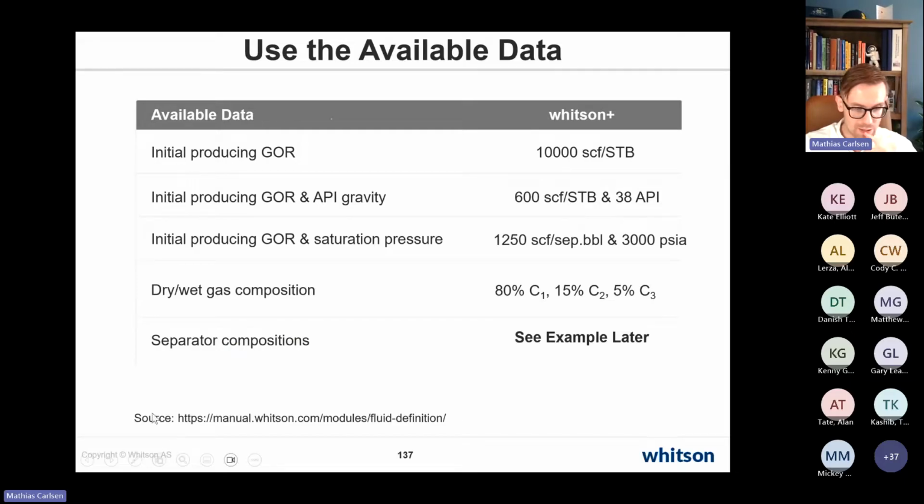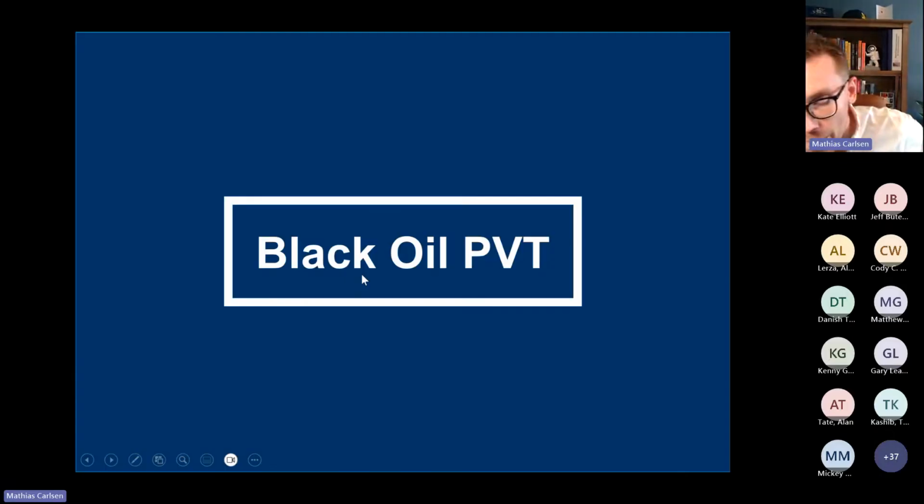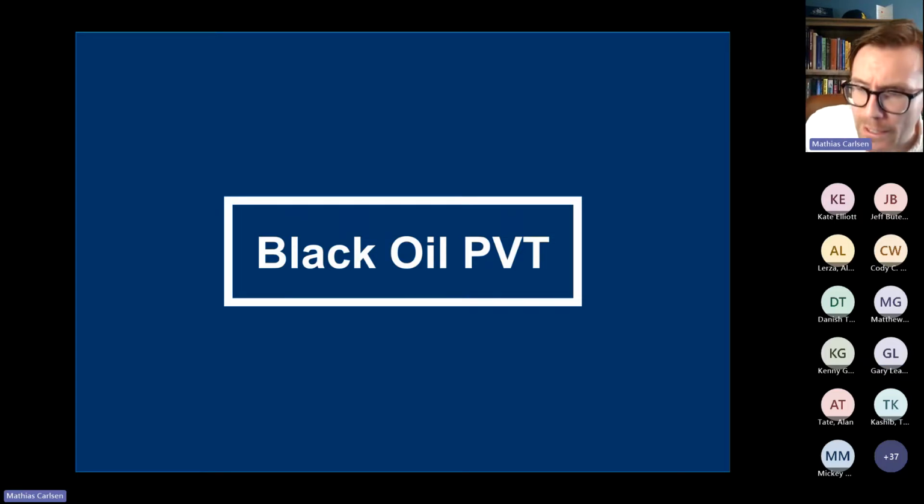It's really powerful. So if you think about it, in the software we create these tables, and the tables are what we really use in the day-to-day engineering. So when it comes to the actual black oil PVT tables, or the black oil PVT model that we're using, it's important to understand where it's coming from.